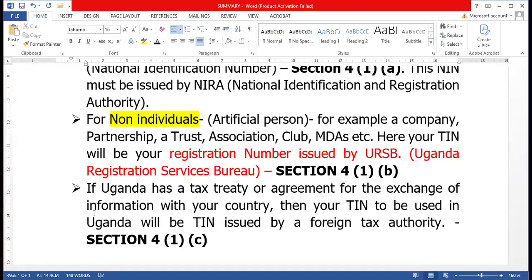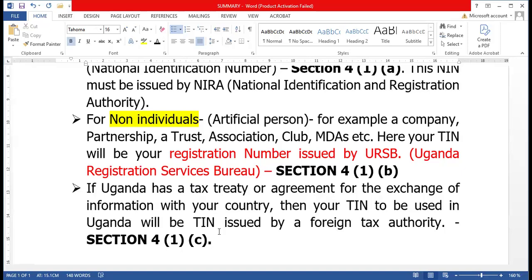But as long as Uganda has an agreement with your country, a double tax agreement, or an agreement for the exchange of information, then the TIN you are using in that country will be accepted in Uganda.